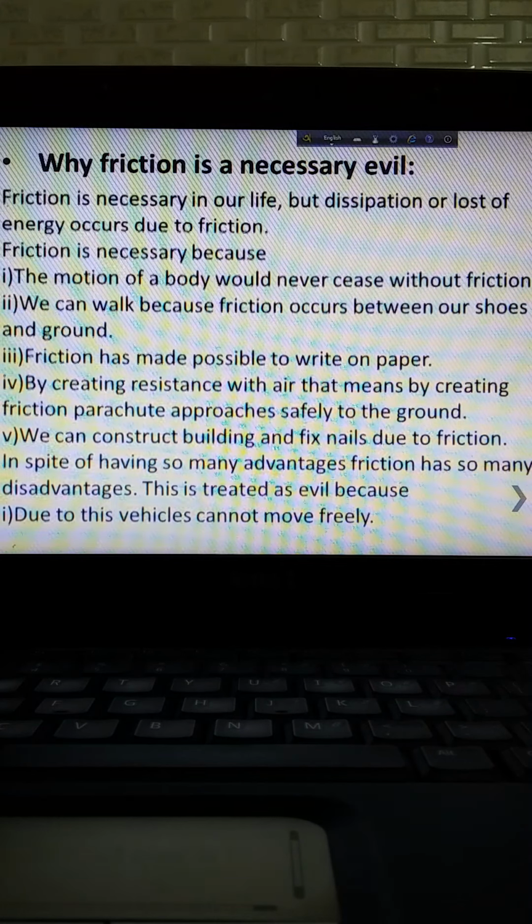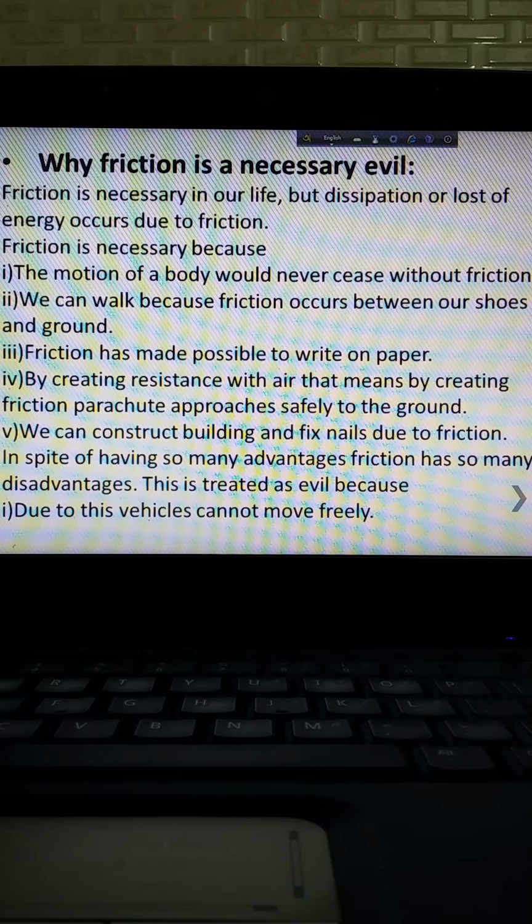We know that friction is necessary for our life. This is important, mandatory for our life, but sometimes because of friction we face some problems as well. So this is called a necessary evil. Here we can make some points for our discussion. Friction is necessary in our life, but dissipation or loss of energy occurs due to friction.